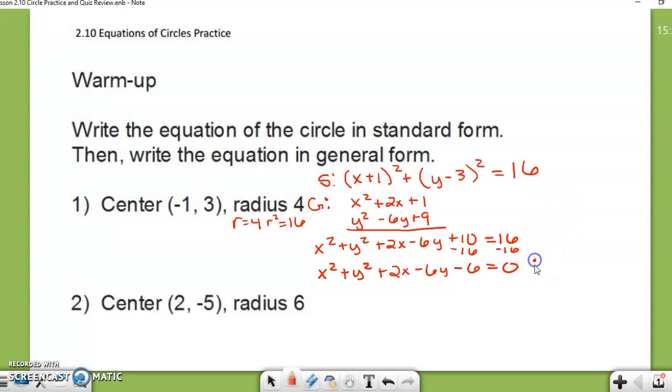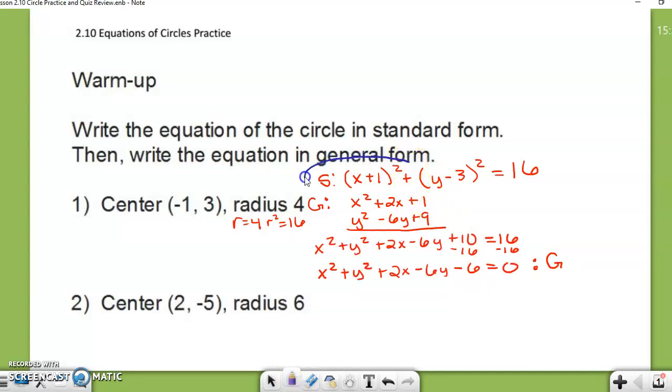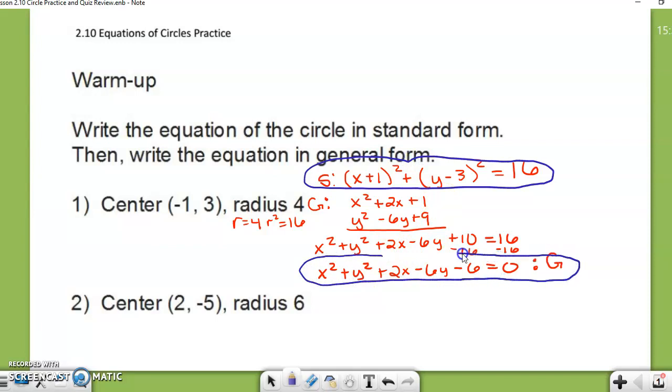This is my general, big G for general. Standard form. And general form.